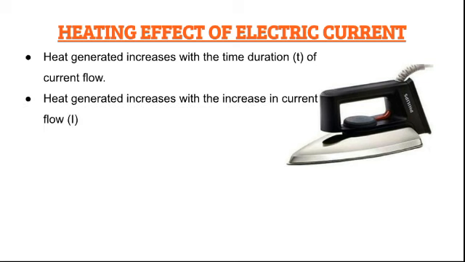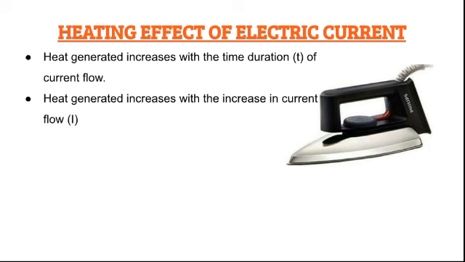In ninth standard, you have studied that current is proportional to the voltage applied. So, when the line voltage increases, the current through the iron box also would increase. As the current increases, heat generated also increases. So we can say heat generated increases with the increase in current flow.